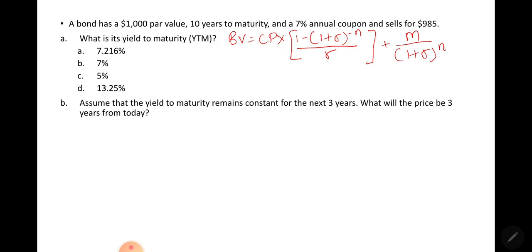The coupon payment over here will be 70 because 7% is the coupon rate. The N over here is 10.